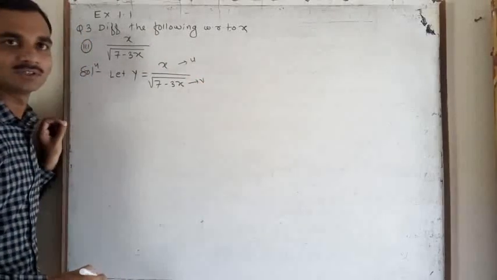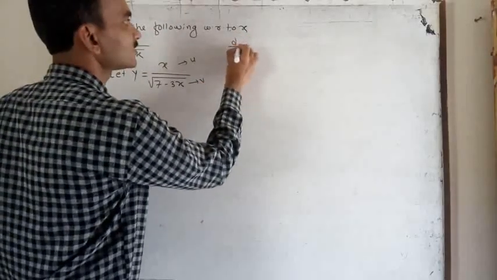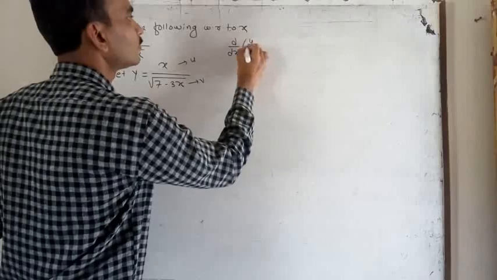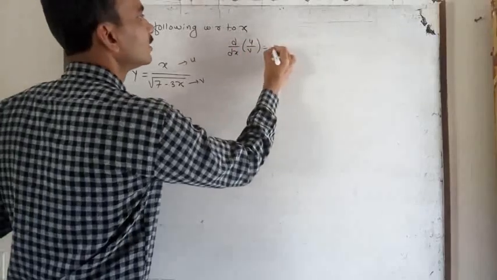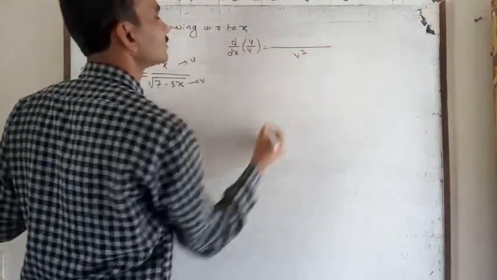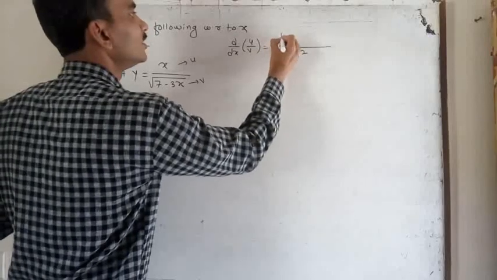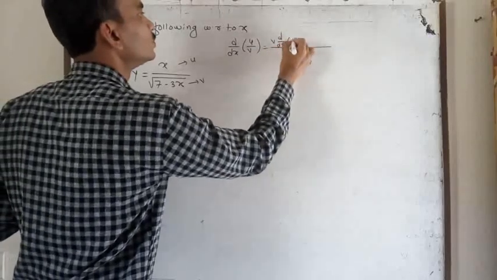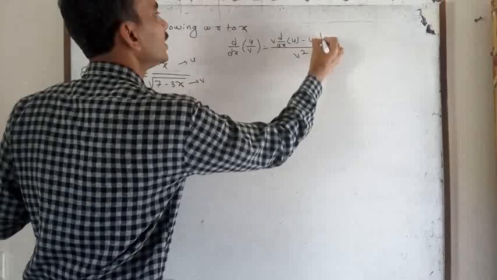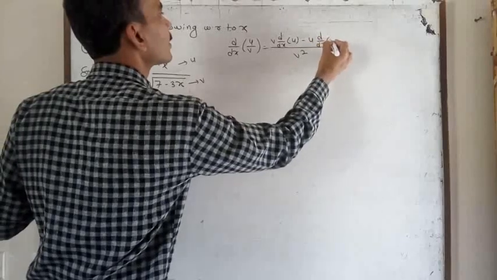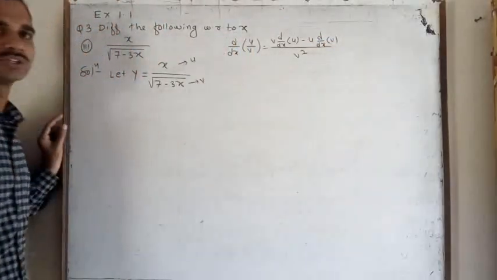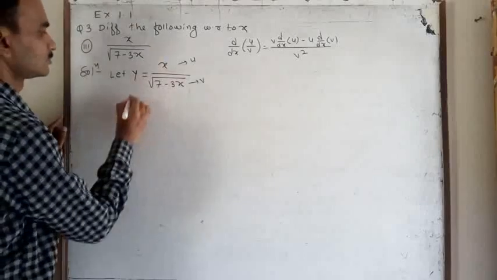We know the quotient rule: d/dx of u upon v is v square in the denominator, v into d/dx of u minus u into d/dx of v. We apply this quotient rule here.